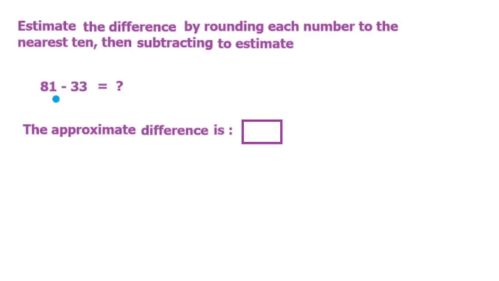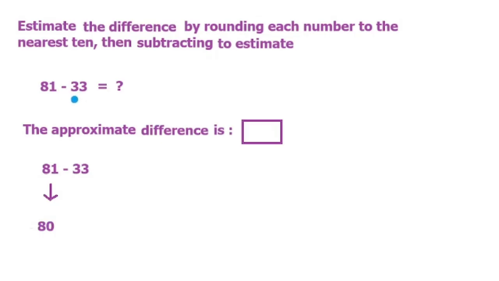If it is, then this would become a 9. But this is a 1, so we just leave this as 8, and then it would be 0 here, so 80. Because 81 is very close to 80, so that's going to be the estimate for that one. So you could see here, 81 is very close to 80.